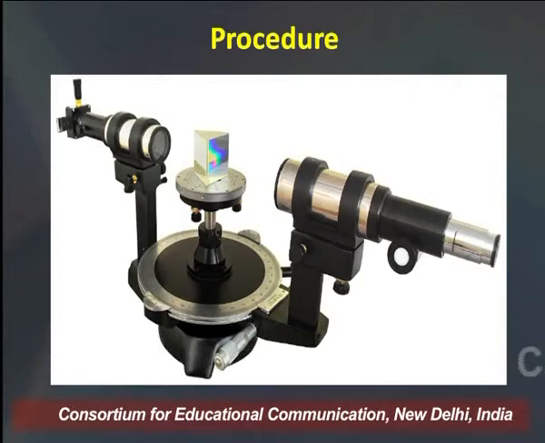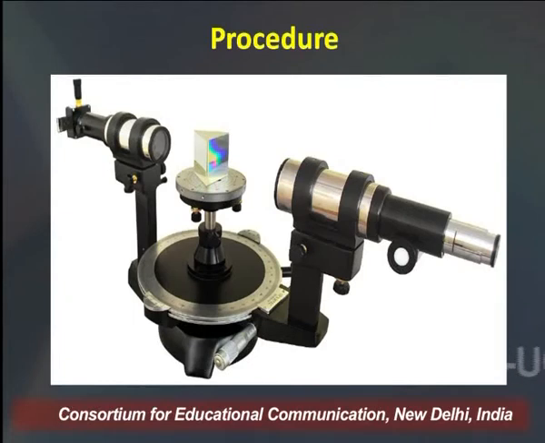Light from the mercury source falls upon the collimator, then comes through it and falls upon a prism. Through this prism deviation takes place, and through the telescope we can get the spectrum. The spectrometer has a prism table on which the prism is mounted. So this is the basic arrangement.